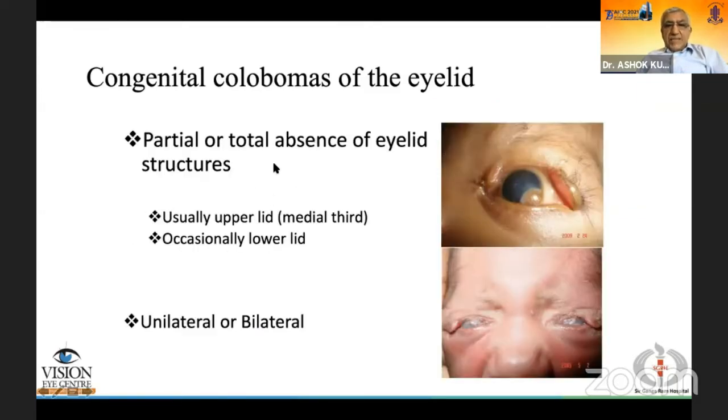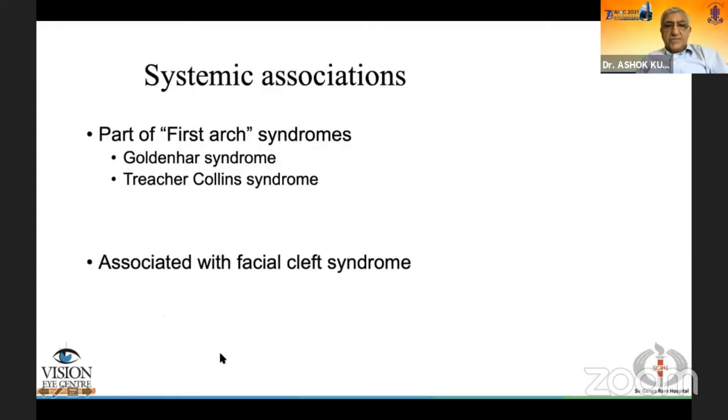These colobomas imply either partial or total absence of eyelid structures. More often, the upper lid is involved, and in that case, the medial third is usually affected, but almost 1/3 of cases involve the lower eyelid. These may be unilateral or bilateral.